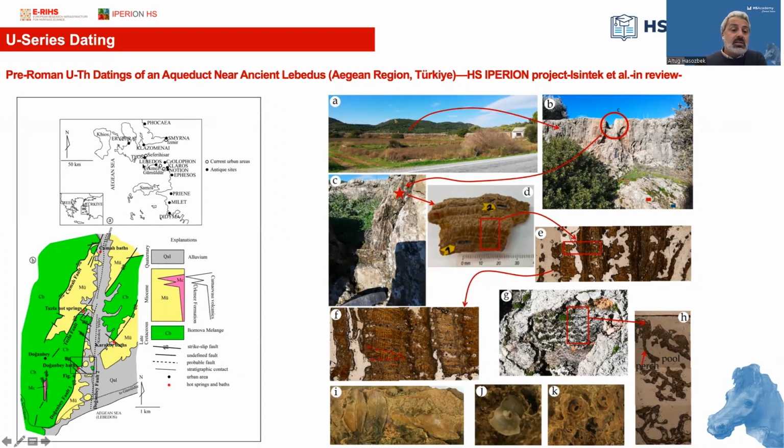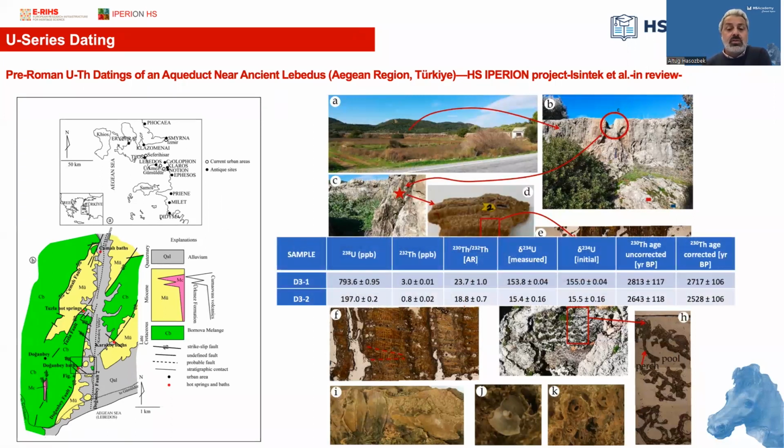Here you can see Western Anatolia, the ancient cities. They found this aqueduct, and from this aqueduct they found this formed sinter, let's say travertine, and we dated this travertine, and it turns out this is a pre-Roman aqueduct sample from Western Anatolia.